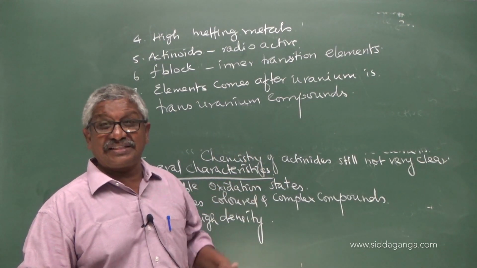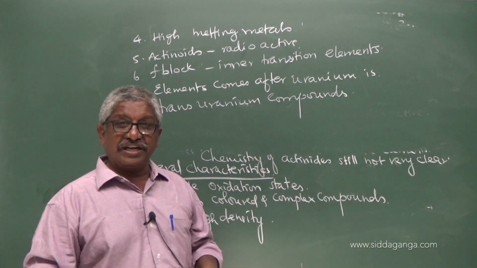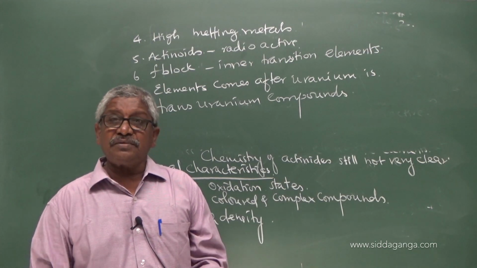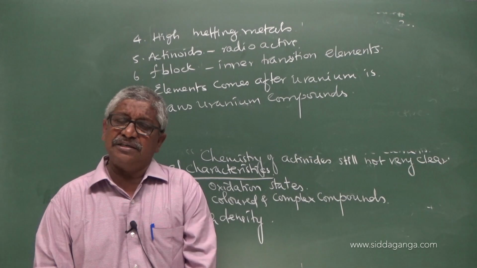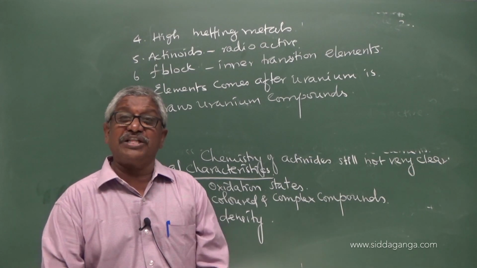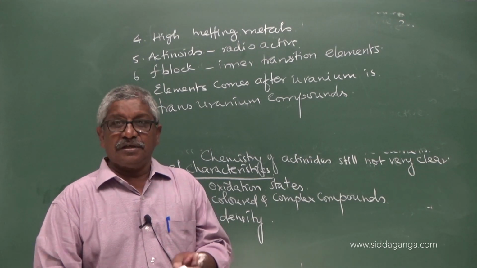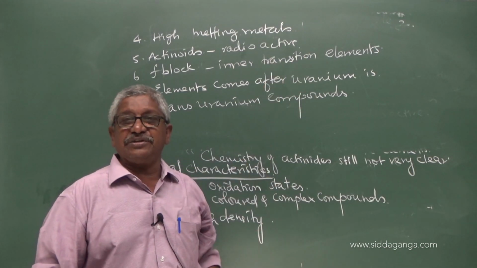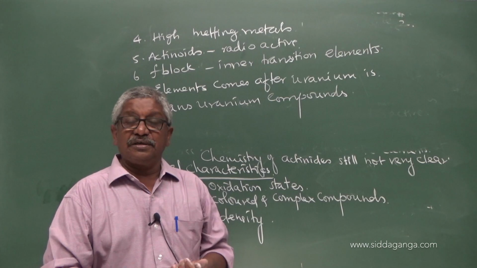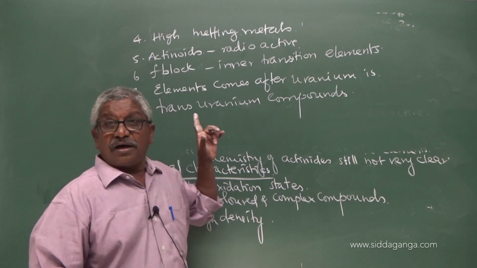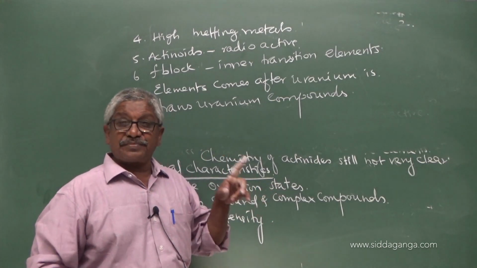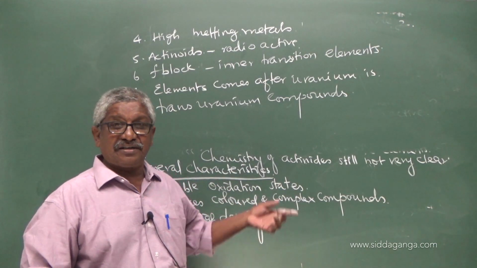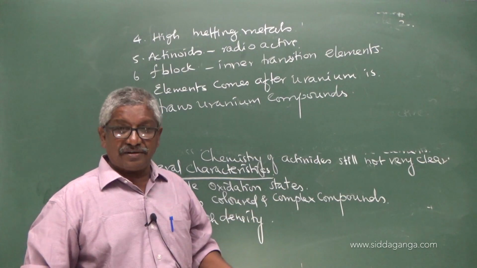So in the next period, you will see the nomenclature of the elements with atomic number more than 100. In the final board examination, it gives 1 mark questions. So nomenclature of elements with atomic number greater than 100, we will see next.